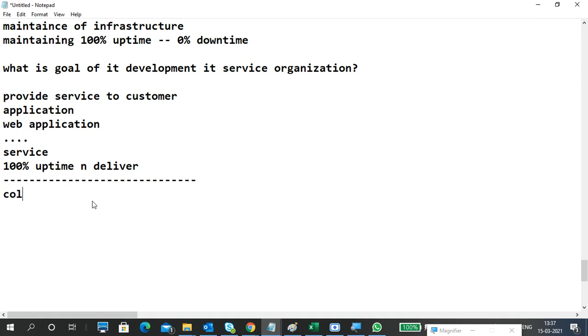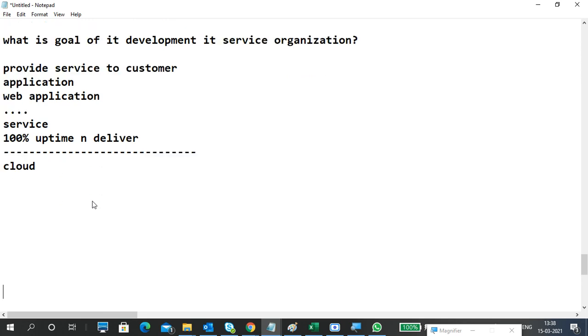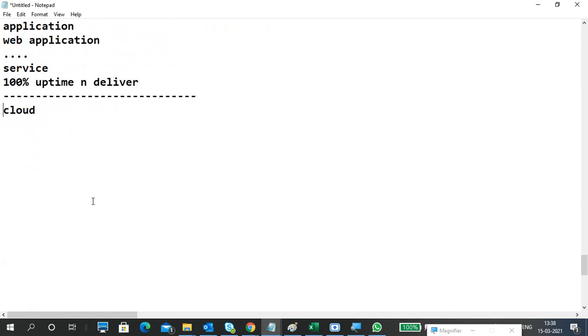So the solution is nothing but cloud computing. Cloud is a solution for all these kinds of challenges. In the cloud, you no need to maintain any infrastructure. The people who maintain the cloud will maintain the infrastructure and the data centers.